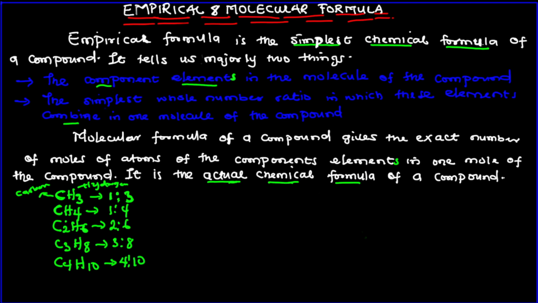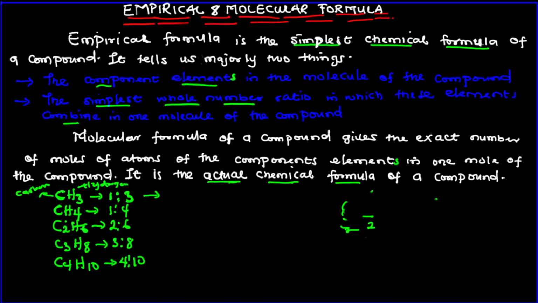Now, remember that empirical formula tells us the simplest whole number ratio in which the elements combine. Now, we can have a ratio that is not in the simplest form. For example, 6:10 is not in the simplest form. How do we know? Because there is a common number that can divide both of them, which is 2. So 3:5 is the simplest form of this ratio.